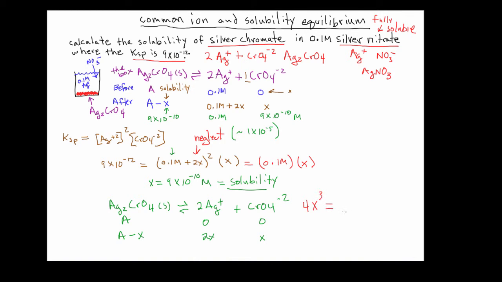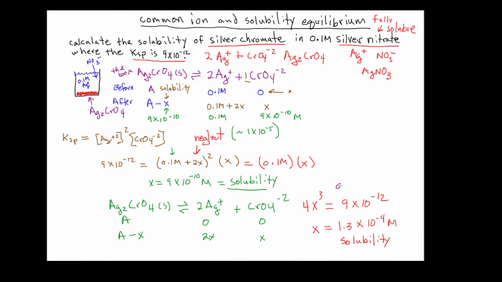The expression is going to reduce to 4x cubed is equal to 9 times 10 to the minus 12th. And when you calculate x, the value that you're going to get is about 1.3 times 10 to the minus 4th molar for the solubility.